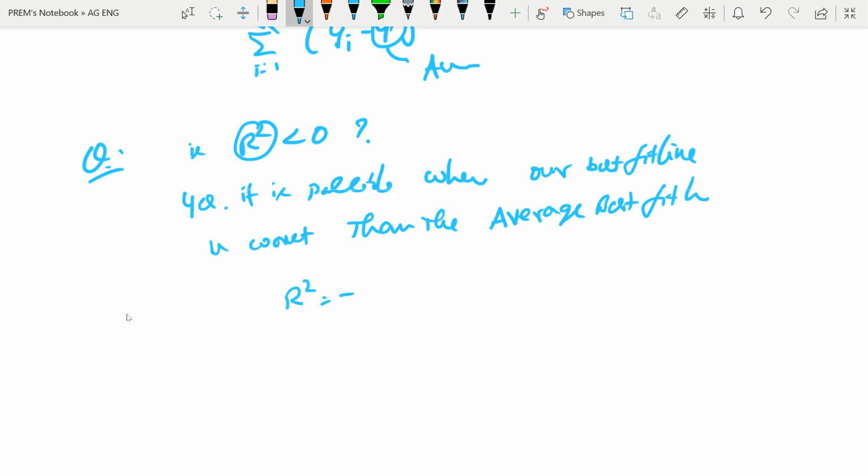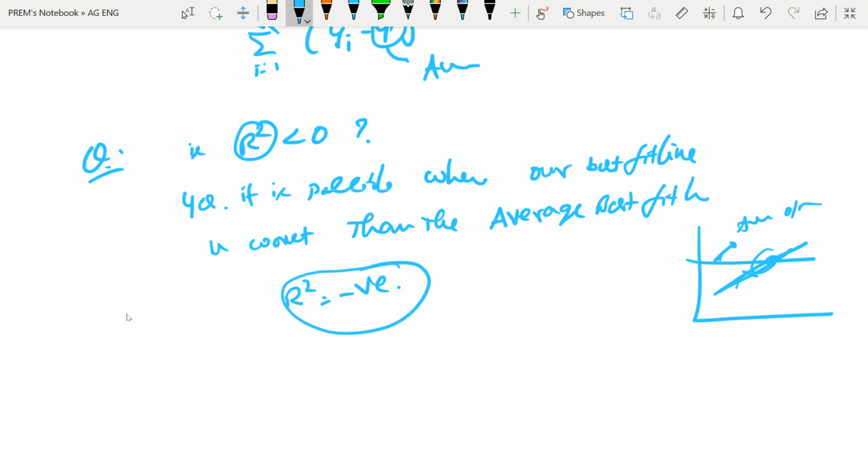Less than 0 means the R square value will be negative. Suppose this is our best fit line, and it is worse than this line. What is this line? This is the average output line. So our best fit line is worse than the average output line. Only at that time will the R square value be negative.